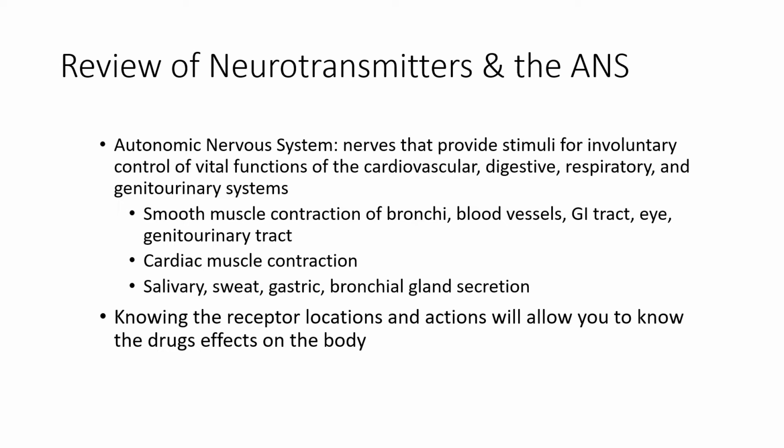Your blood pressure will be maintained. Or to contract or dilate or bronchodilate in your lungs. Your eye, we mentioned, the pupil, the pupillary size. Okay, cardiac muscle contraction, again, autonomic. Secretion of salivary fluids, sweat, gastric juices. All these things are from the autonomic nervous system.